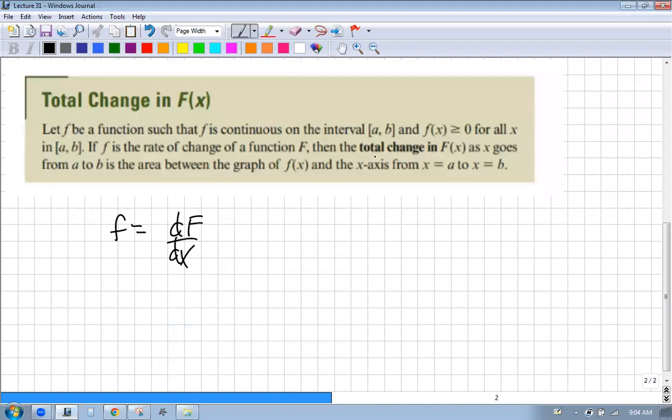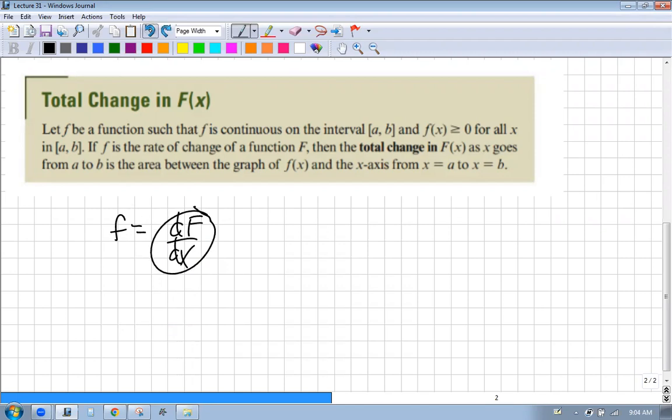Then the total change in big F, so little f is the change in big F. The total change in big F as x goes from A to B is the area between the graph of f and the x-axis. So what they're trying to say here is, here's the change.